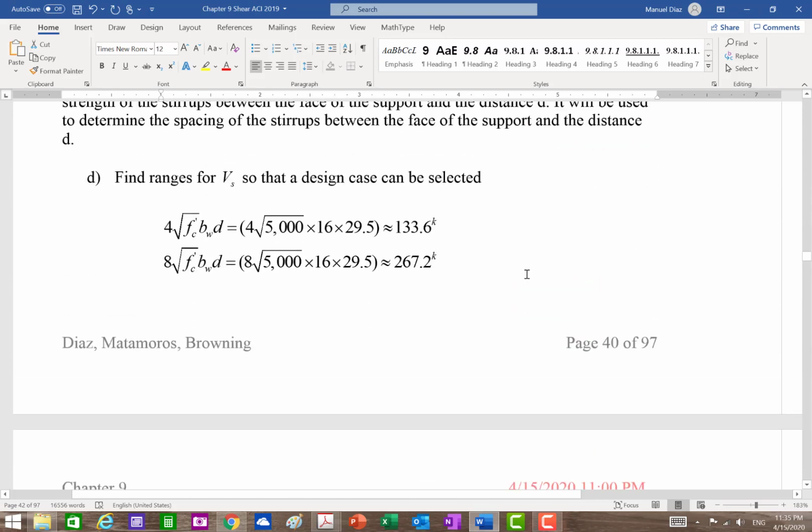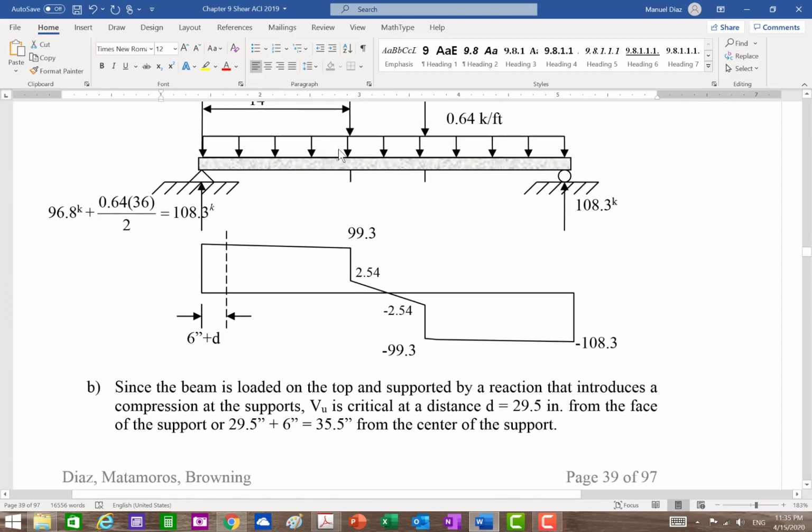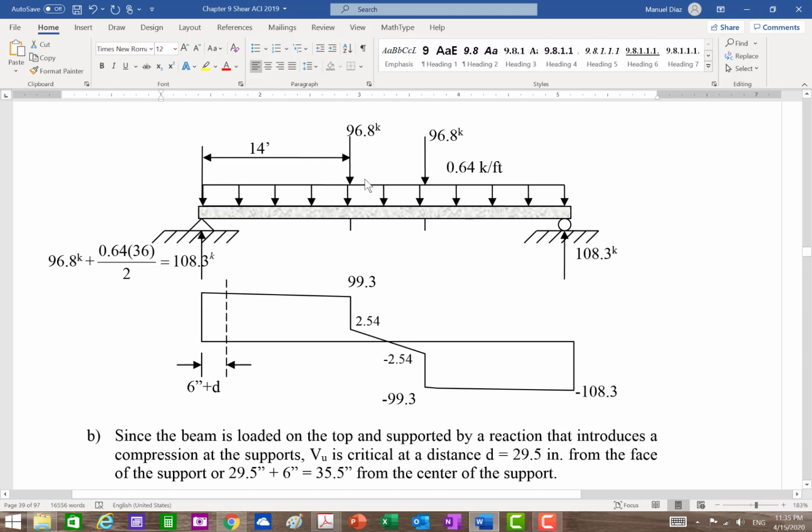Because after 14, right, your shear formula is different. You need to include the 96.8 in your shear formula, right? So it will be WUX minus 96.8, right? That's what you have there. So your shear formula changes.